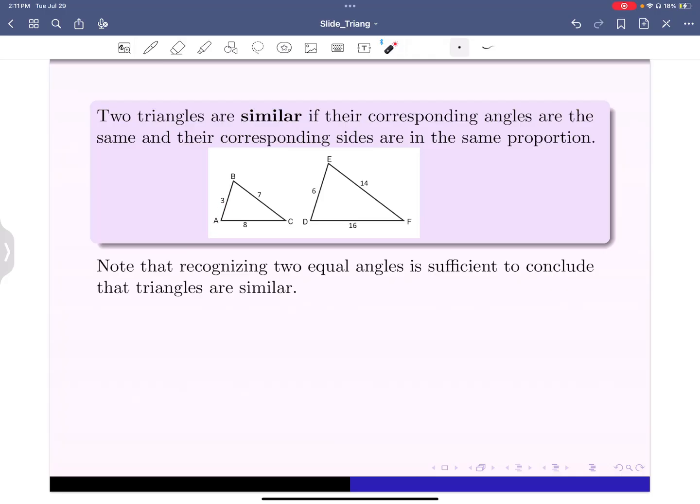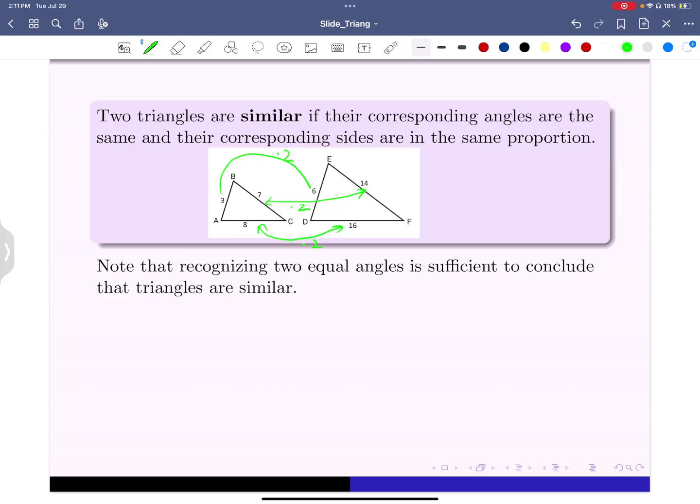So if this is 3, this is 6. That means this side is multiplied times 2. And if this side is multiplied times 2, those sides are also multiplied times 2. So that's the same proportion: each side is multiplied times 2.